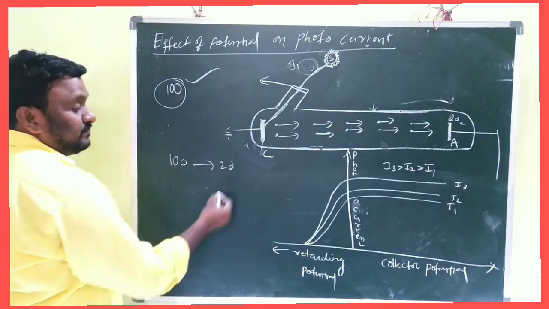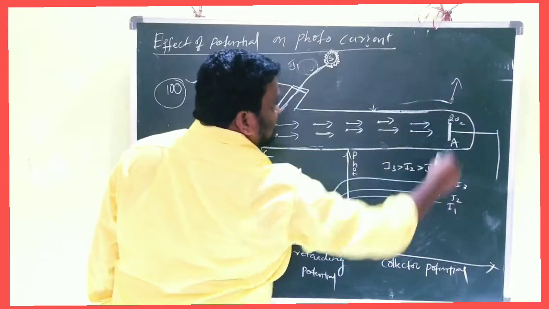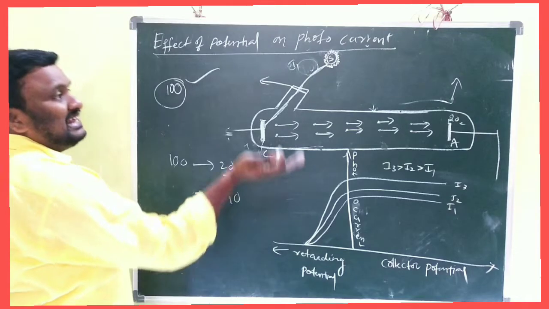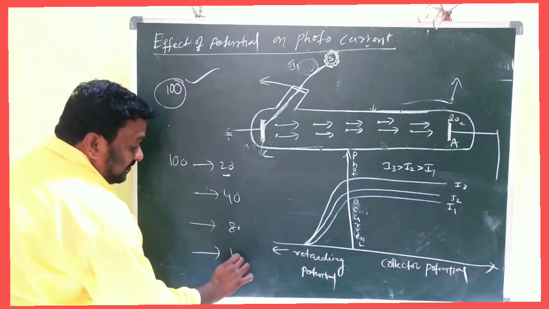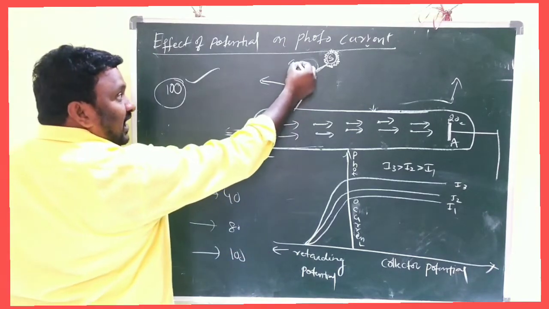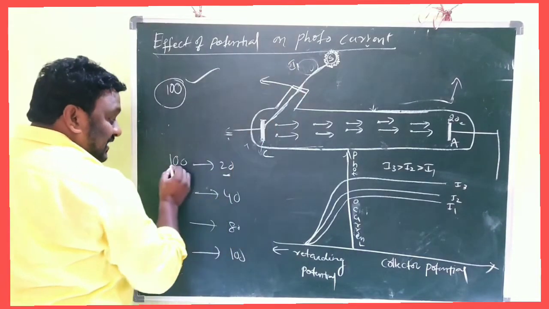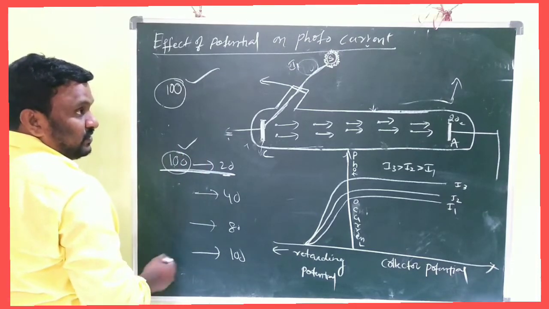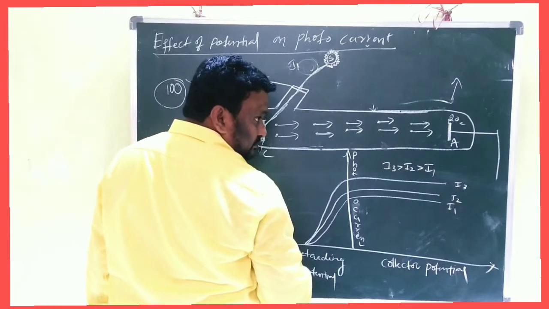After that, its potential is increased, then it will collect 40. Again increase, 80. Again increase, 100. Clear? When intensity I1 of light is incident on the material, it emits 100 electrons. In that, only 20 electrons are received by the A.